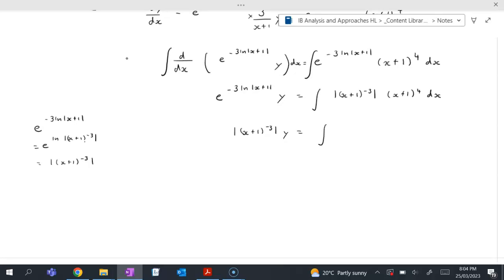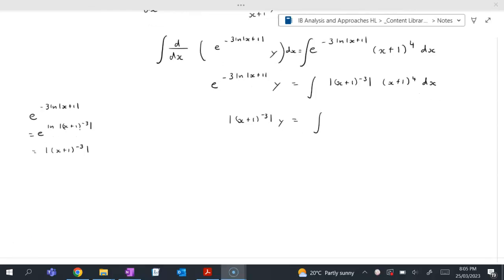And here I can start doing some creative stuff. Now in the textbook they don't give us any reason to say that x plus 1 to the power of minus 3 is positive. They just kind of assume that.